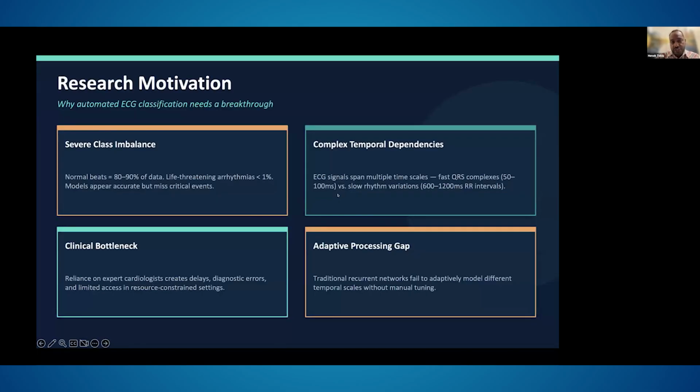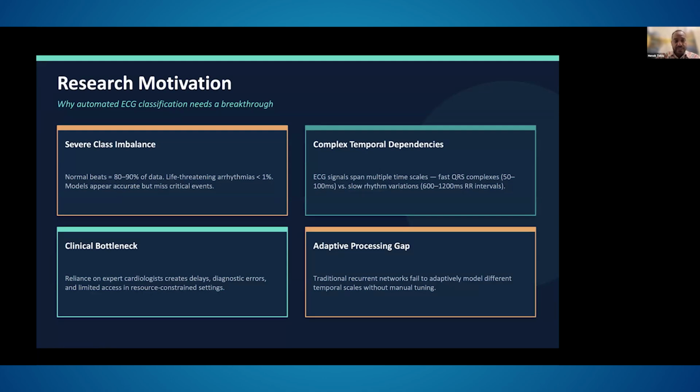So what is the research motivation here? Why does automated ECG classification need a better breakthrough? We already have a lot of breakthroughs with these data sets, but we need to combine them with liquid neural networks.